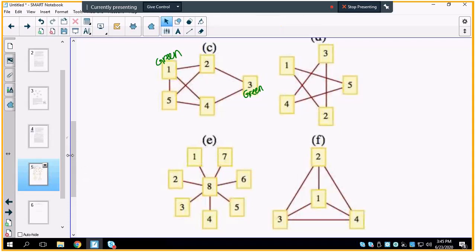And then I could assign a color to 2, but 2 is connected to 5, so 5 can't have the same color, but 4 could have the same color. And that means I have to use a third color for 5, so the chromatic number of this graph is 3.